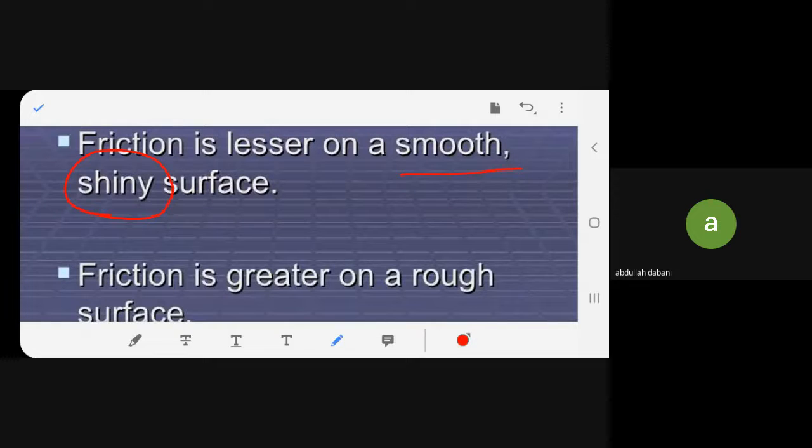Mirror. Yes, a mirror is a shiny surface, a smooth surface. Got it? So what about the friction?